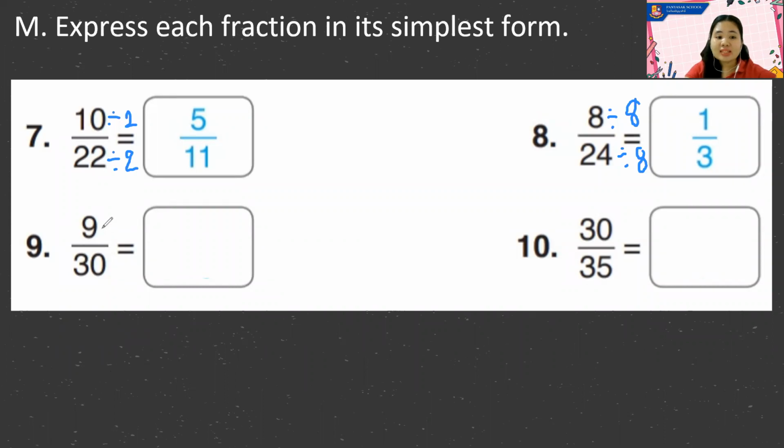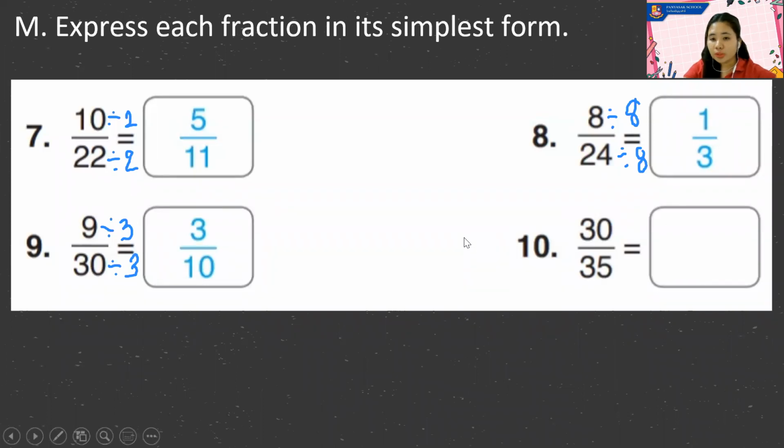That is 3. 9 divided by 3, the answer is 3. 30 divided by 3, the answer is 10. So number 9 answer is 3/10.